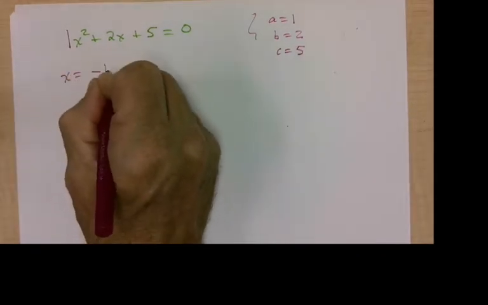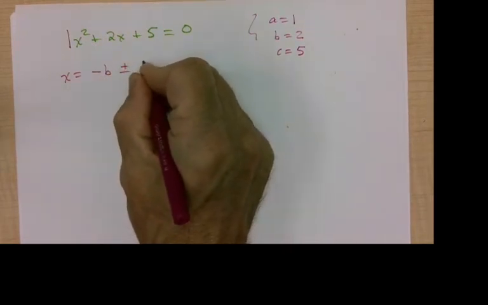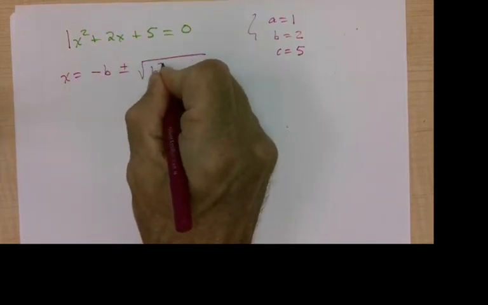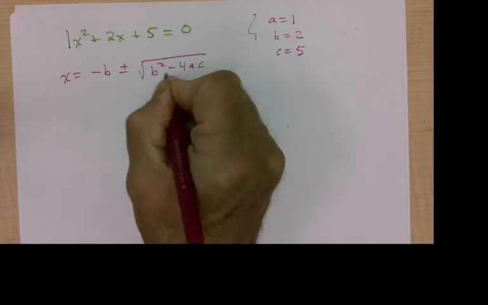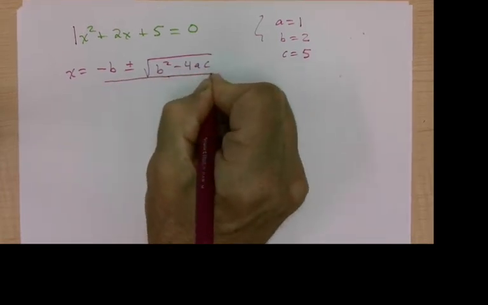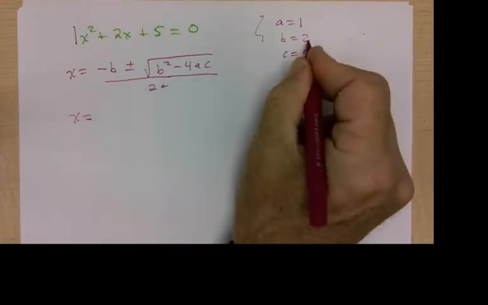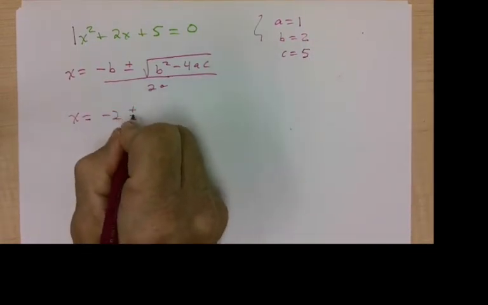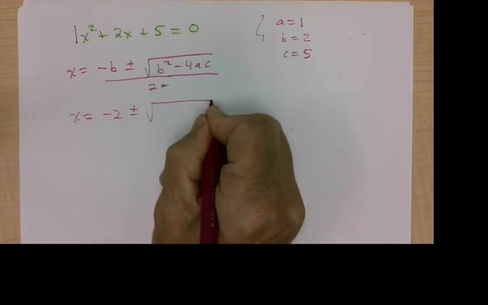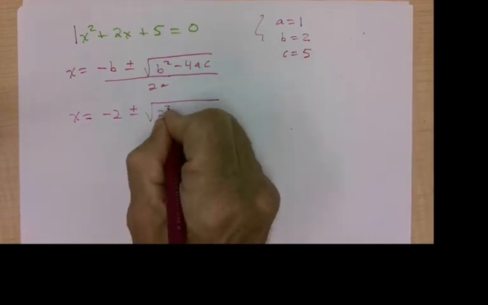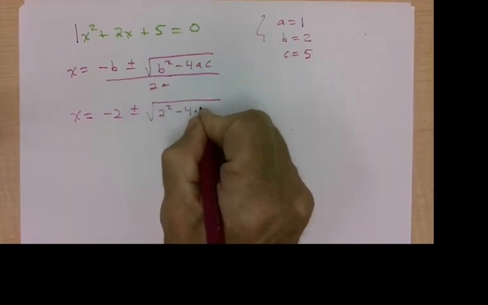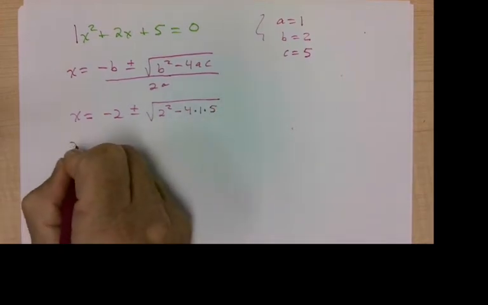Now what's our rule? X equals negative b plus or minus the square root of b squared minus 4ac all over 2a. So negative b, negative 2, plus or minus the square root of b squared, 2 squared, minus 4 times 1 times 5.